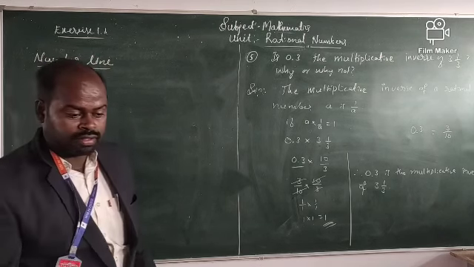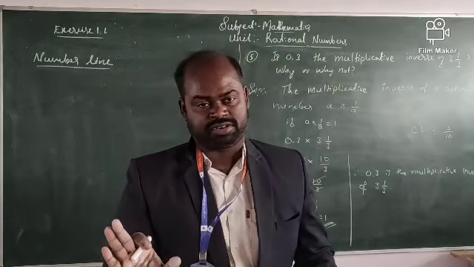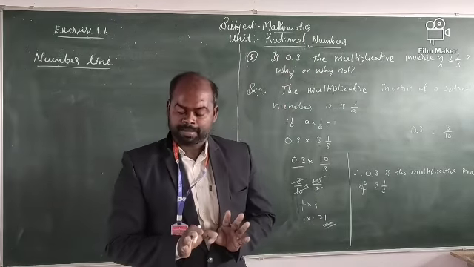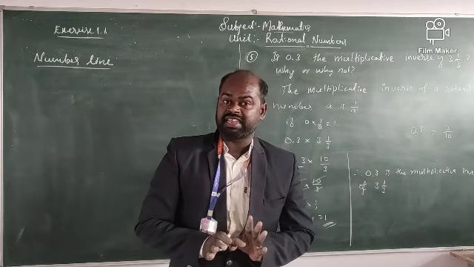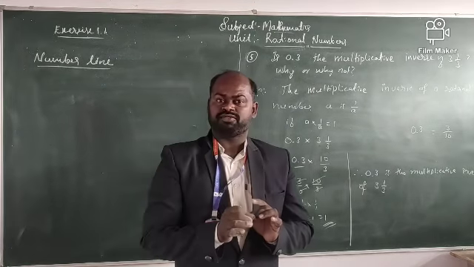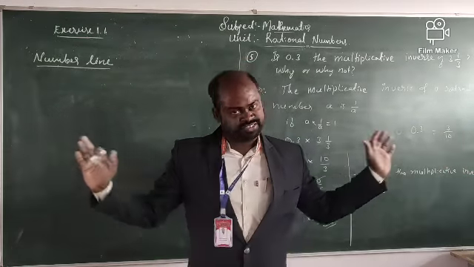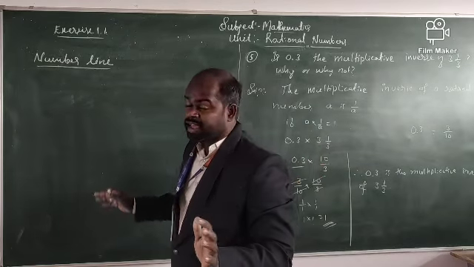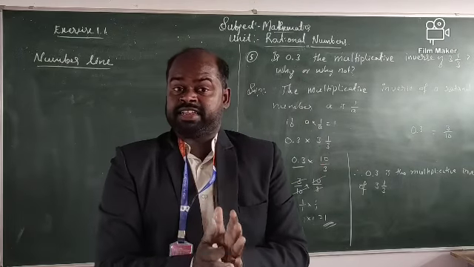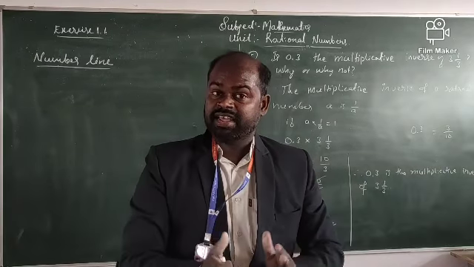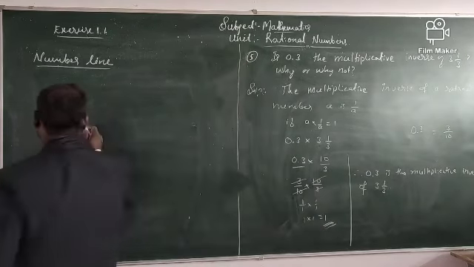We know that a line is a straight line. A line extends endlessly in both directions. On that line we have to represent numbers.